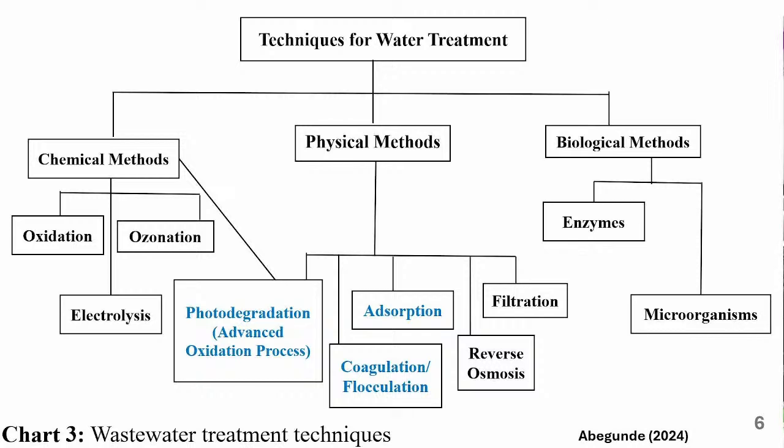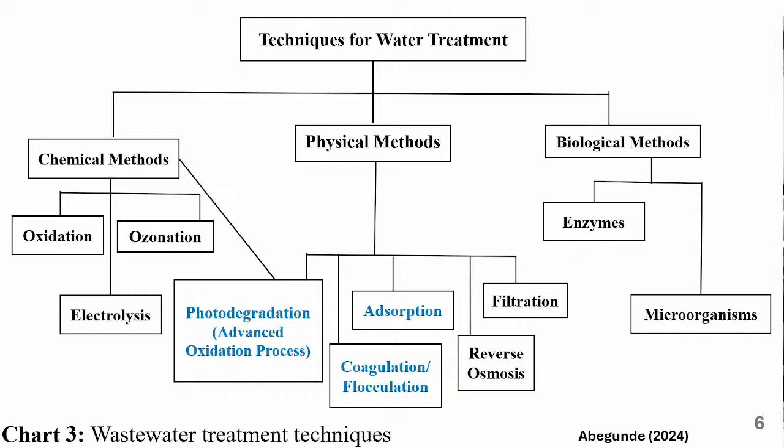Photodegradation is the usage of photocatalysts for breaking down complex pollutants into simpler molecules, such as water and CO2. In that way, the water will be safe for use either industrially or for domestic application. Photodegradation is an aspect of advanced oxidation process, and that process could be a chemical or physical method.